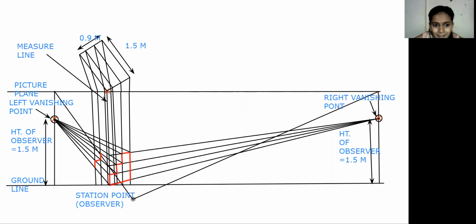So for the tread, consider the next vertical line of this third point, the vertical line near the measure line, and consider these two inclined lines. Okay, so between these two inclined lines and that vertical line, we need to draw a tread like this.